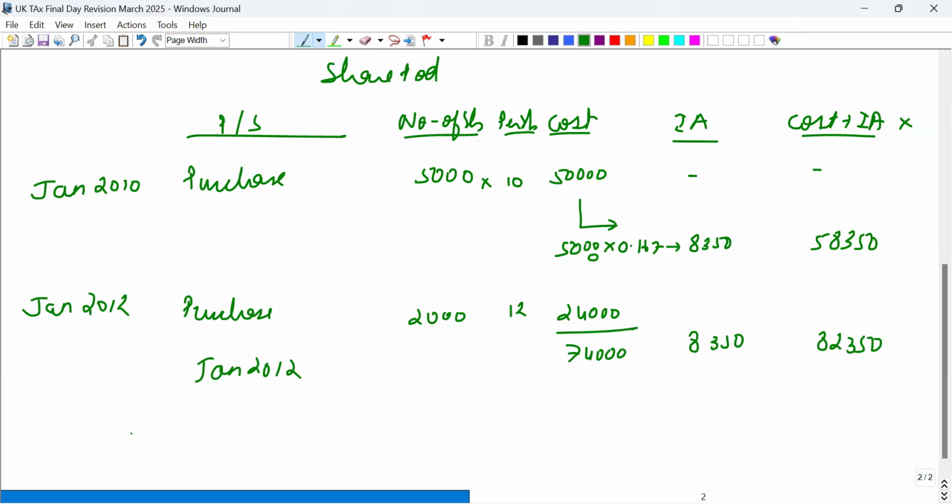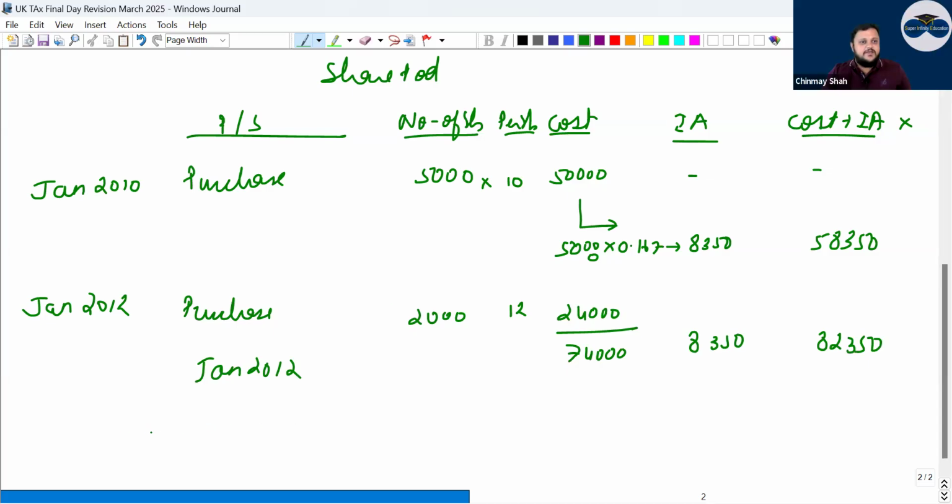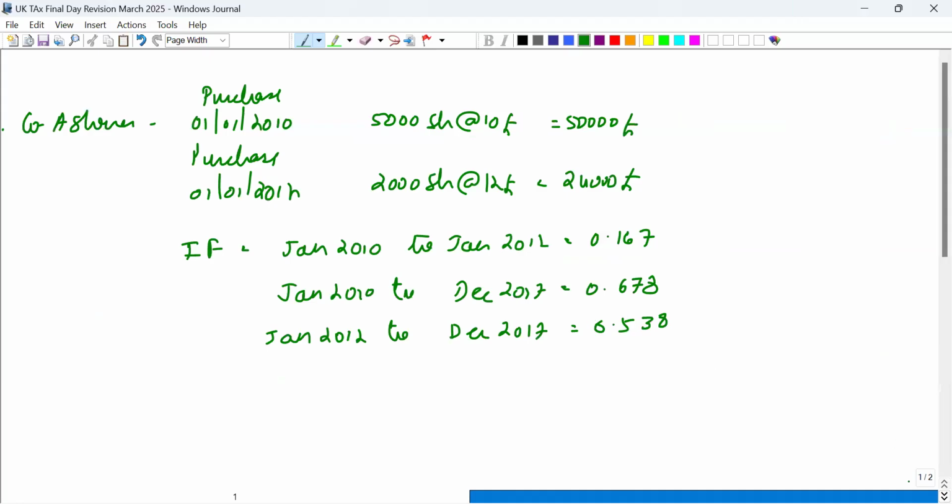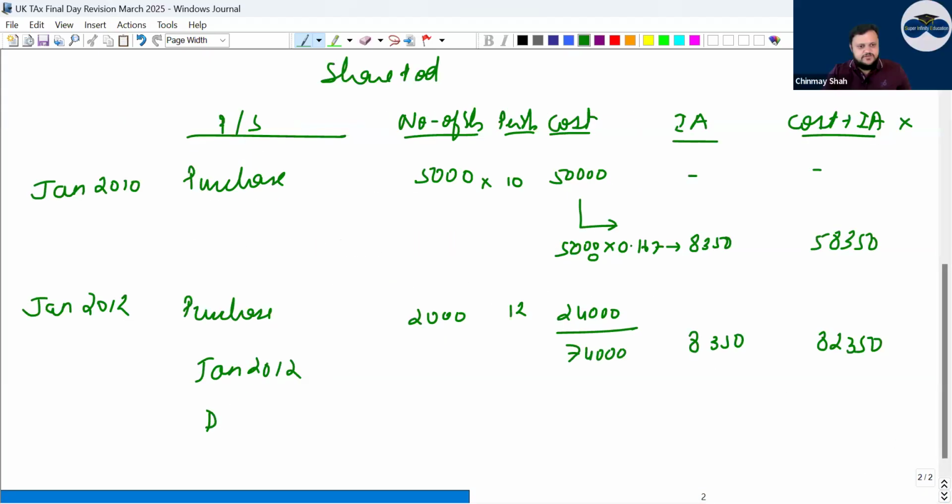Let's go ahead. If there is no other operating event, you have to calculate indexation up to what date? December 2017. On the 82,350 cost plus indexation allowance, additional indexation allowance will apply.